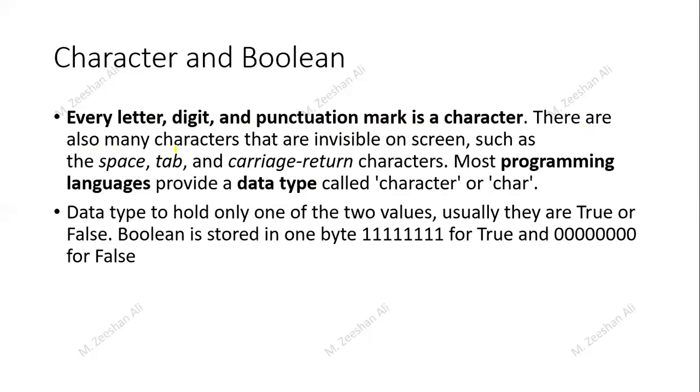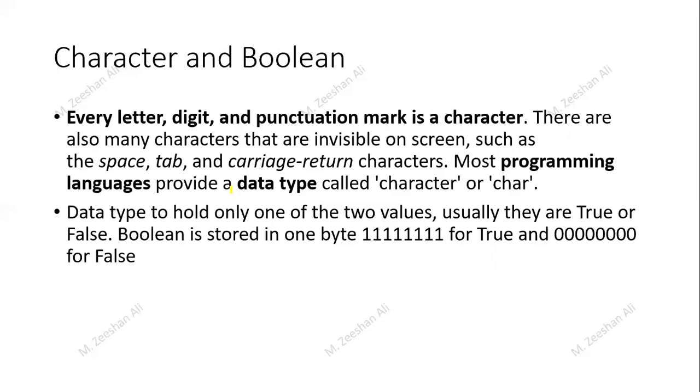There are also many characters that are invisible on screen, such as the space, tab, or any other characters. They are going to be stored in that data type. So when we declare any variable as character, it is given only 1 byte. The memory storage capacity will be 1 byte because it is going to store only one character.